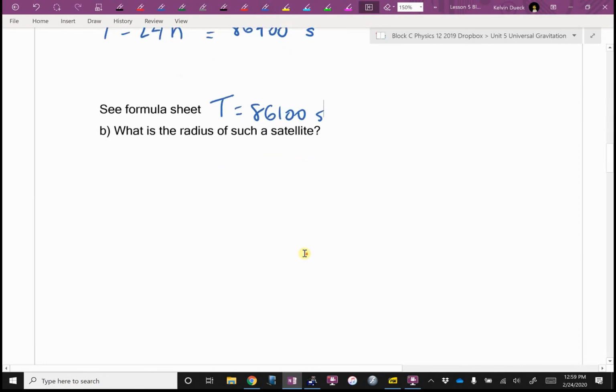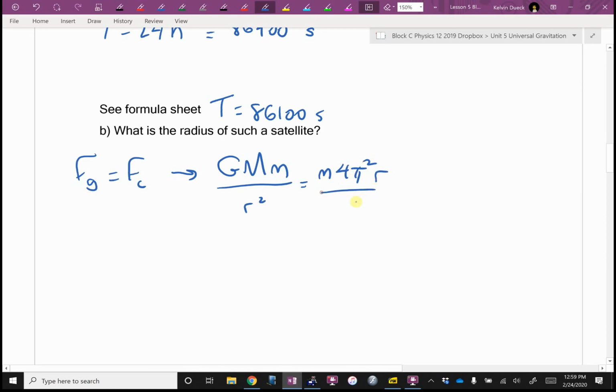What would the radius of such a satellite be? Ethan, are we in orbit? Then gravity is what's pulling me in a circle. In fact, big G, big M, little m over r squared equals little m 4 pi squared r over T squared.